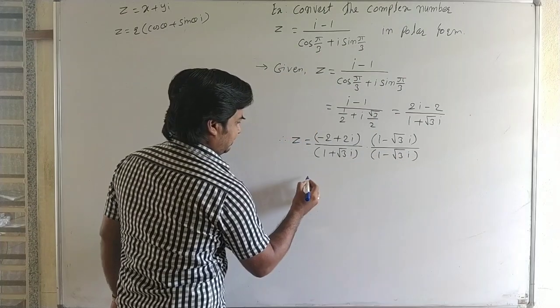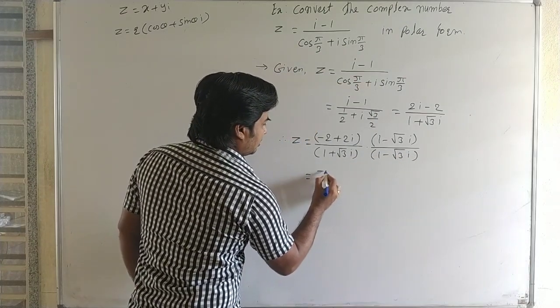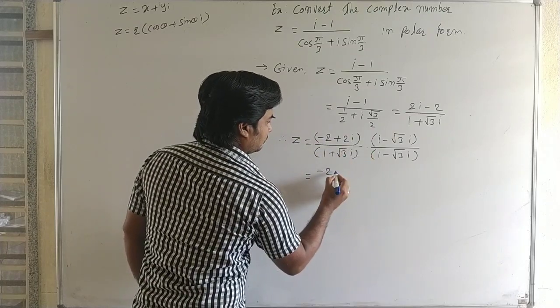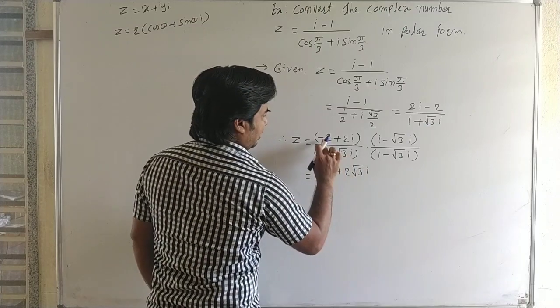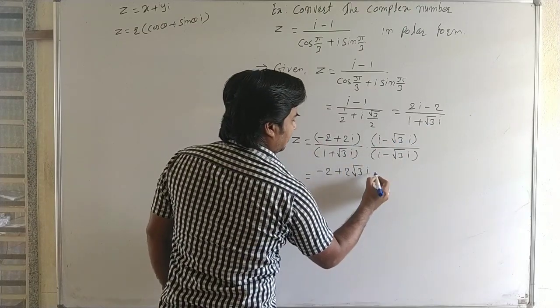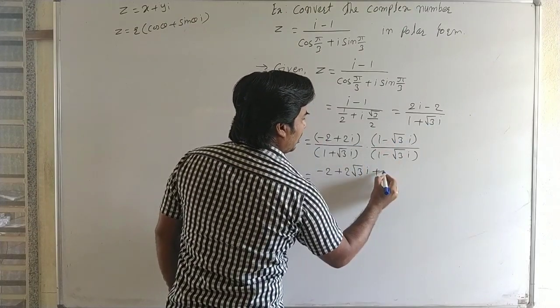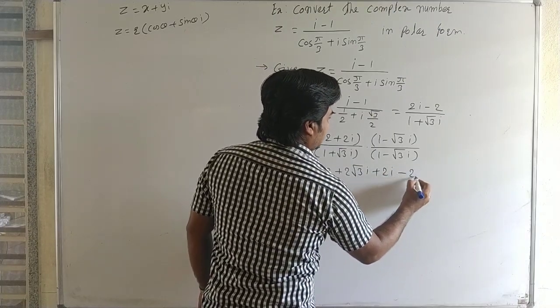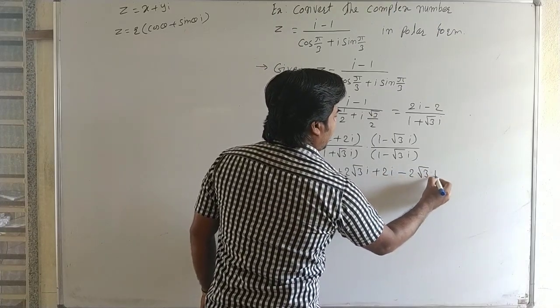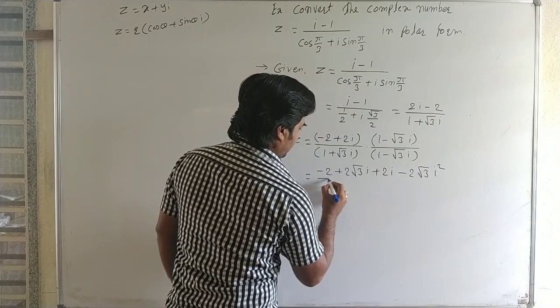Now take the multiplication. Therefore it is minus 2, then plus 2 under root 3i, 2 under root 3i plus 2i, and here minus 2 under root 3i square, upon.